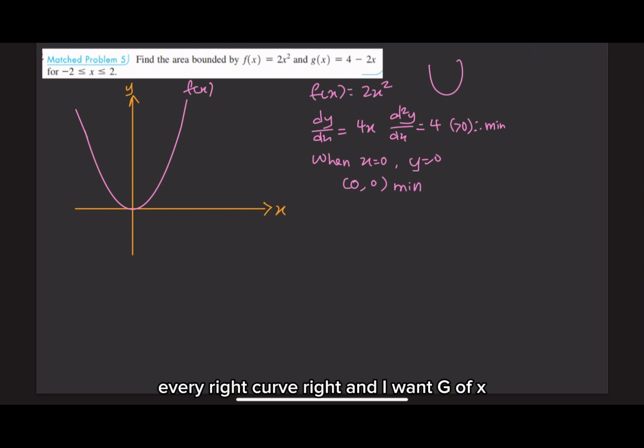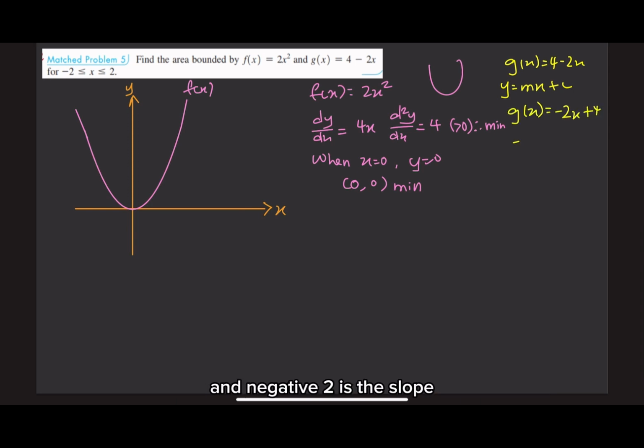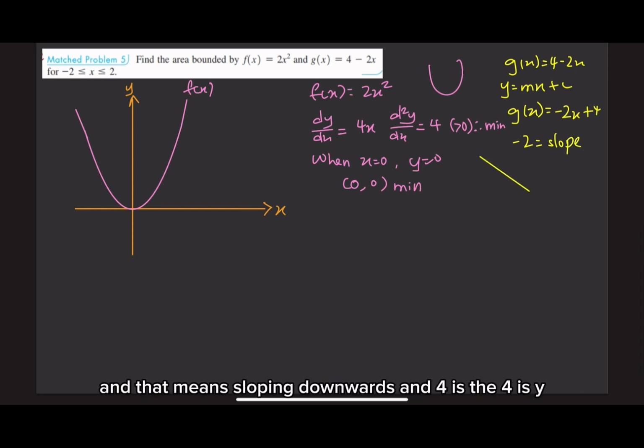And our g of x, 4 minus 2x, okay, guys? So our g of x, obviously, equals 4 minus 2x. So using y equals mx plus c, we can rearrange g of x equal to negative 2x plus 4, and negative 2 is the slope, and that means sloping downwards, and 4 is the y-intercept.